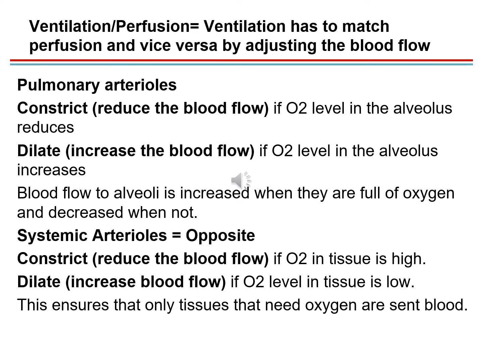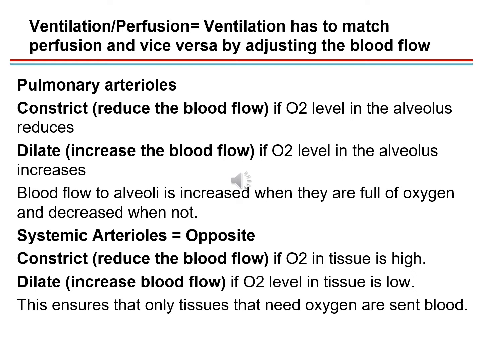So by vasodilation of that arteriole, we increase the blood flow and increase the supply of oxygen to that tissue involved in high metabolic activity. This ensures that only tissues that need oxygen are sent blood. And this is the key of everything.